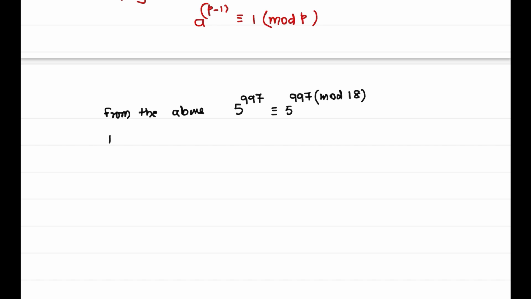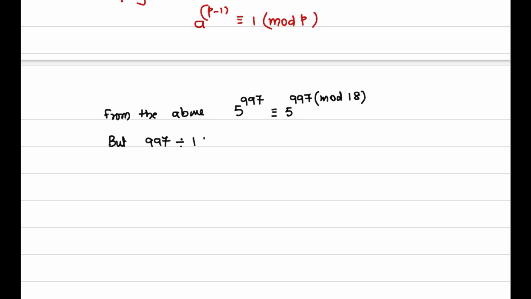But 997 divided by 18 is equal to 990 plus 7. 990 is 55 into 18, plus 7.